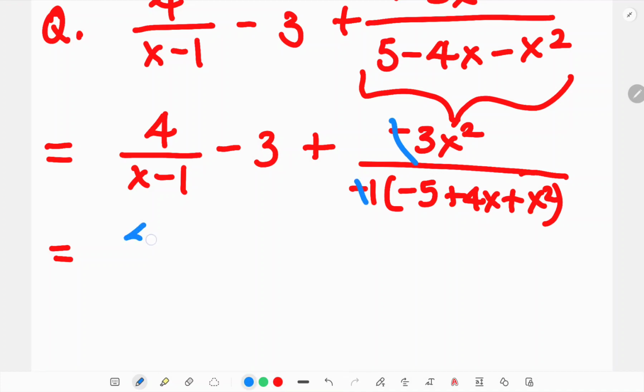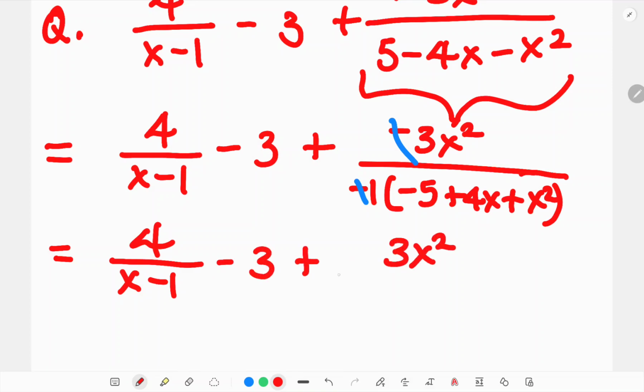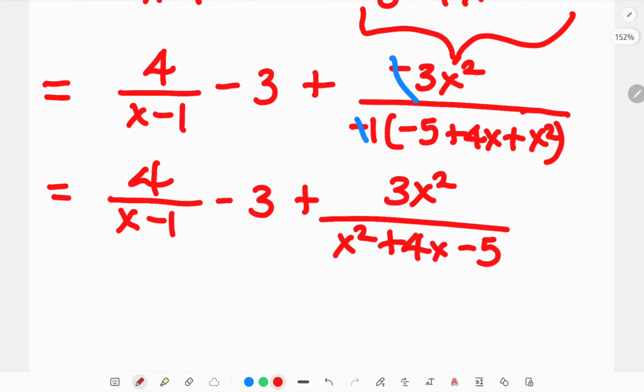So this equation changes to become 4 over x minus 1 minus 3 plus 3x squared over x squared plus 4x minus 5.